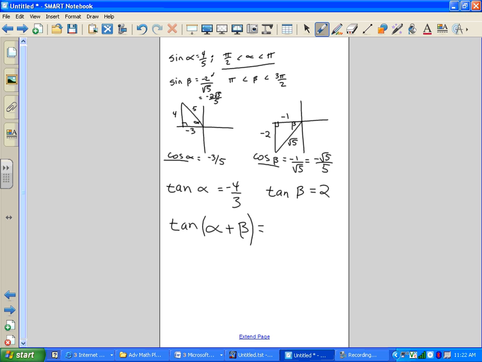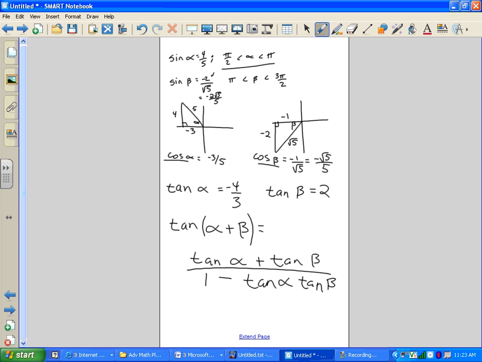Okay, probably not enough to know them, but enough to kind of catch on to a pattern to them. All right, so this is equal to what? The tangent of alpha plus tangent of beta over, what is it, 1 minus or 1 plus? 1 minus tangent alpha tangent beta.